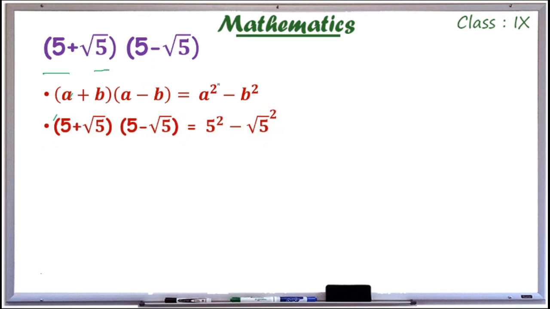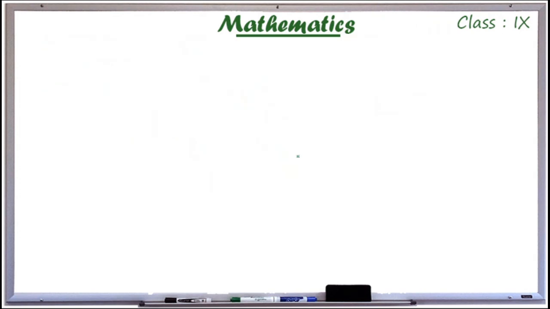I can write it as 5 square minus root 5 square. 5 square is equal to 25 and root 5 square is equal to 5, which is equal to 20. So we simplified that. Coming to the next question, root 3 plus root 7 all square.